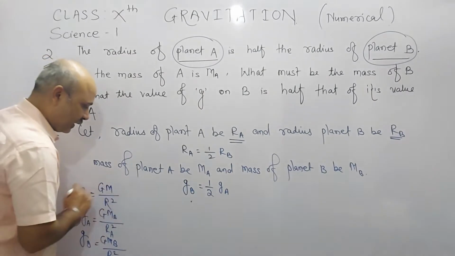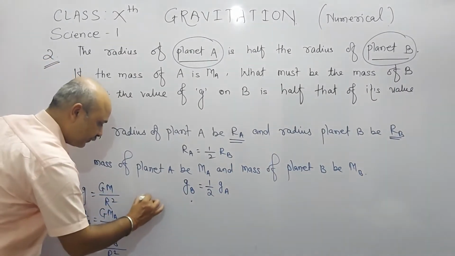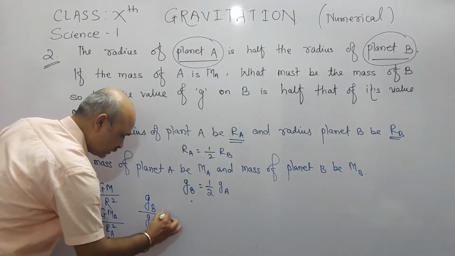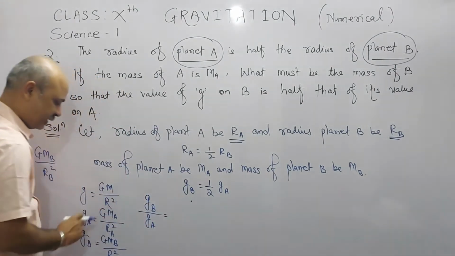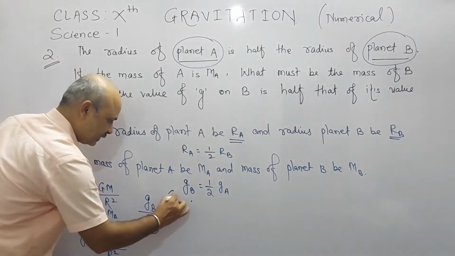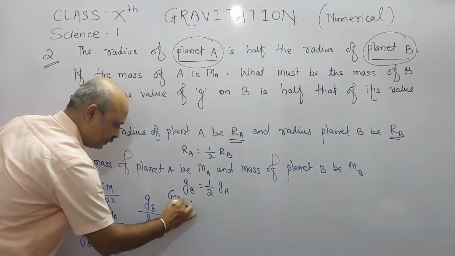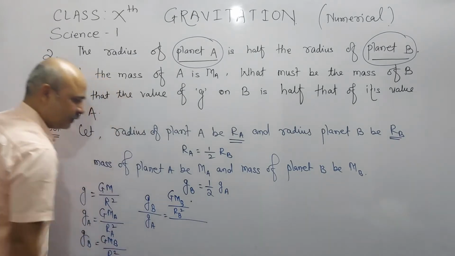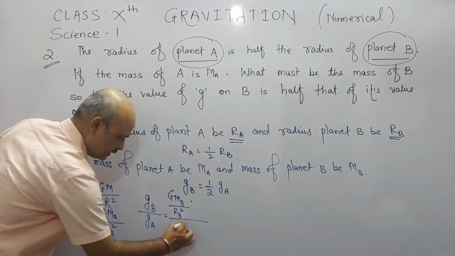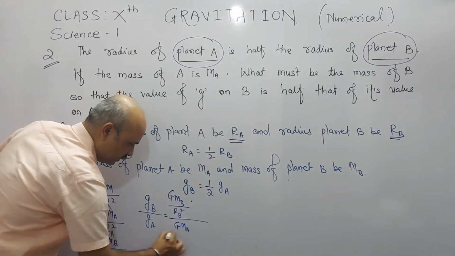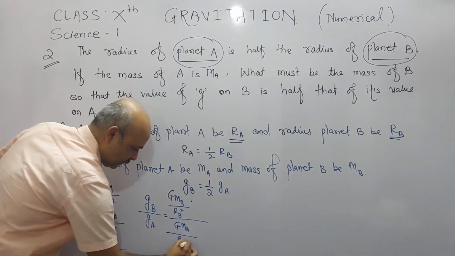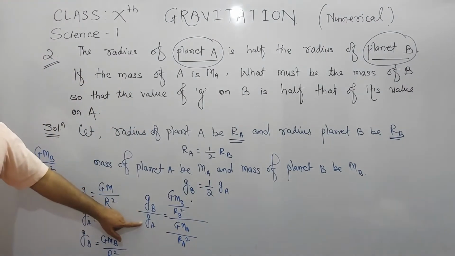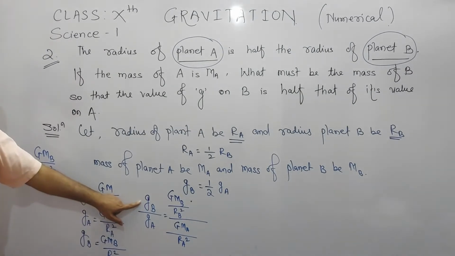So now you will find the ratio of GB to GA. GB upon GA is equal to GMB upon RB square divided by GMA upon RA square. Clear? You are finding the ratio of GB to GA.